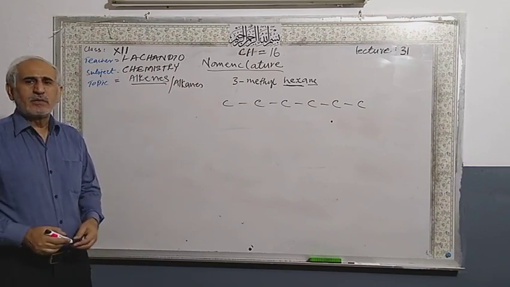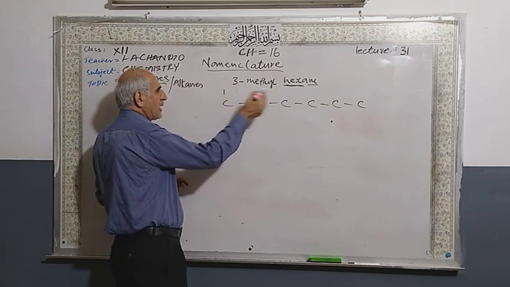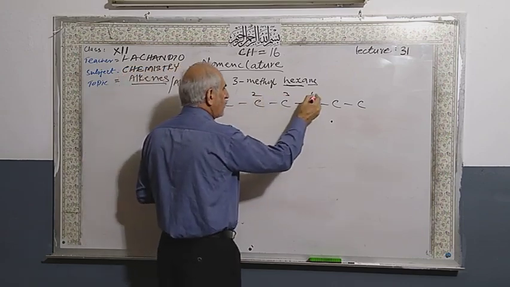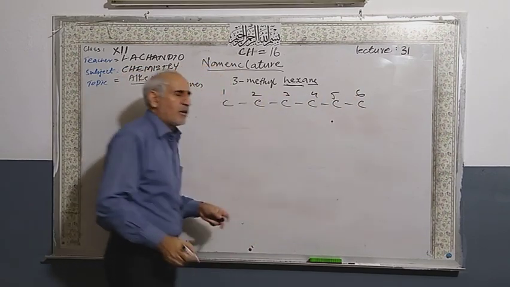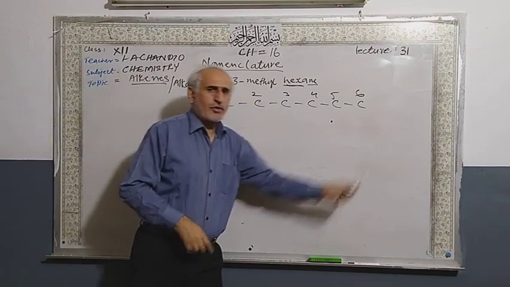Longest chain is 6. Numbers can go this side or that side. 1, 2, 3, 4, 5, 6. Right, longest chain, continuous straight 6.